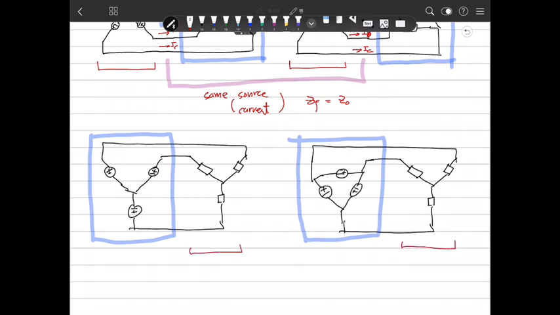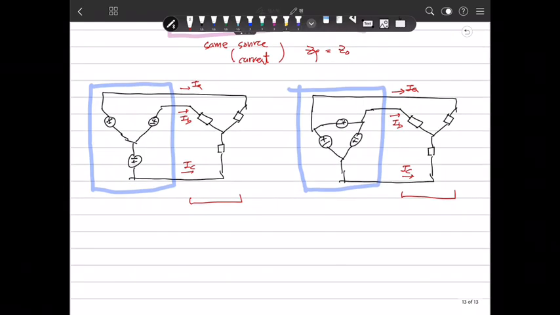Then also we have a current here, IA, IB, and IC. It's the same. Same load, in this case the same current.